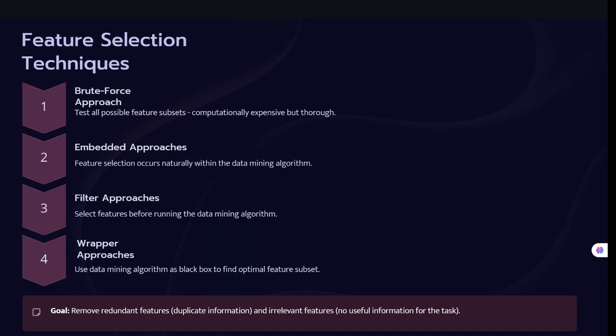And another technique is called feature selection. Feature selection is about choosing the right attributes and removing irrelevant or redundant ones. The techniques include a brute force approach, which is testing all the subsets, and an embedded approach, applying statistical tests before modeling, and a wrapper method, testing subsets with a model.